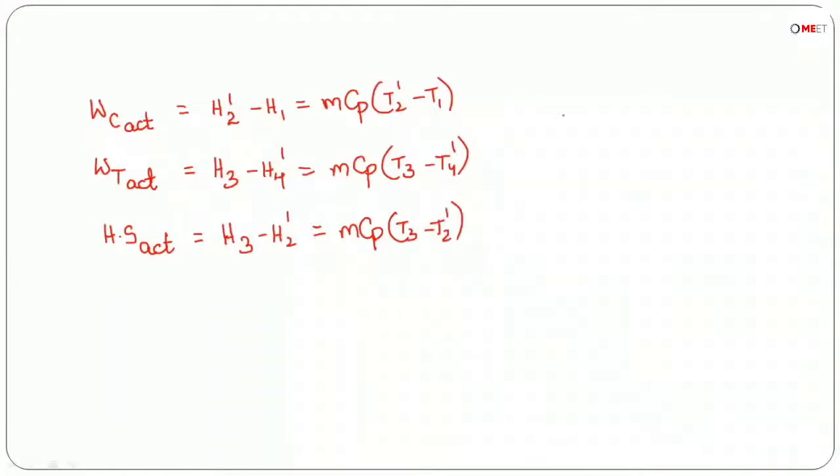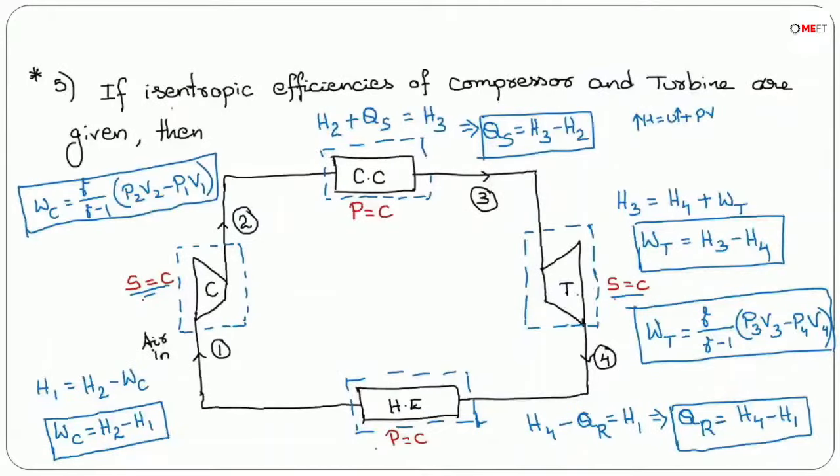Then see, the work that is developed by the turbine, we call it as gross work developed, whereas the work developed by the turbine minus work input that is given to the compressor, we call it as the net work output. The reason is, see here, in the cycle if you observe, turbine is developing certain amount of work output.